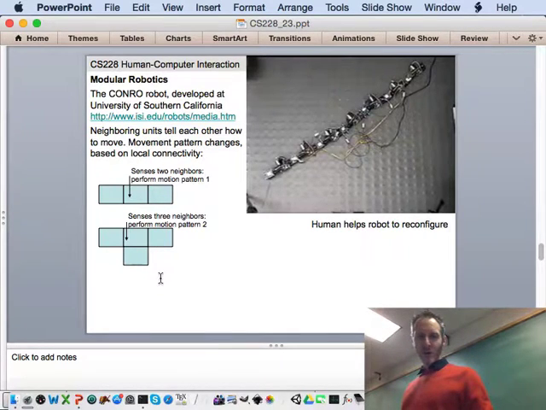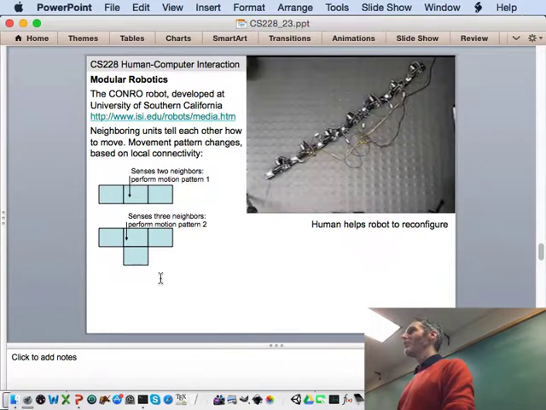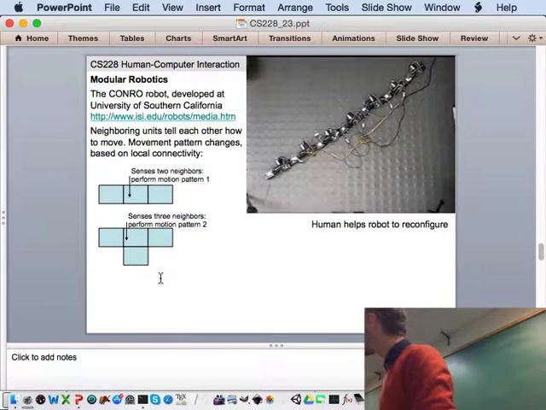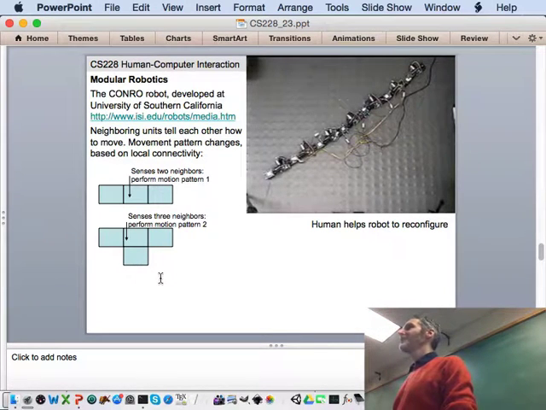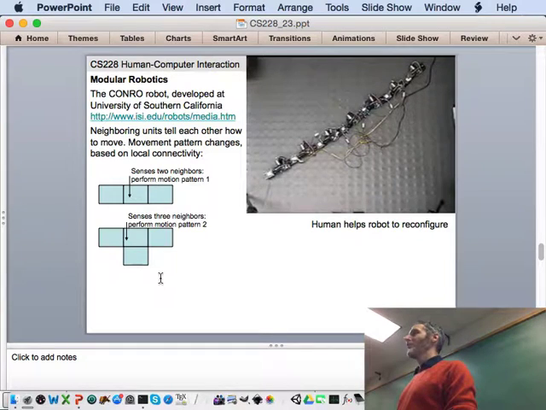Okay. Here's a more recent example of this idea, this modular robot. Let me show you, actually let's describe it first and then we'll watch the video. So in this case, every element in the swarm, which is a module in this meta robot, is running exactly the same code, so everyone gets the same instance of the code, and each robot in this swarm is going to perform some action, and which action it performs depends on how many neighbors are attached to it.